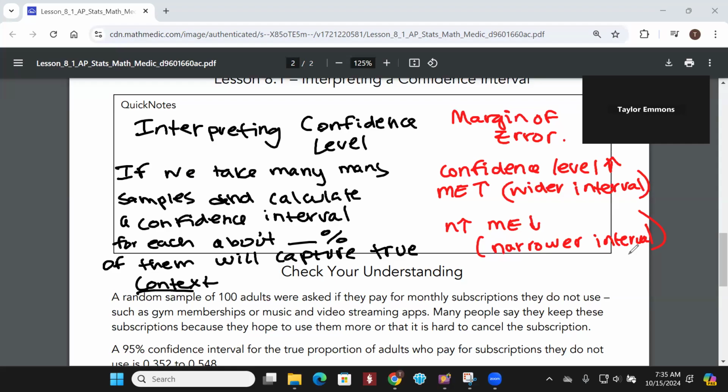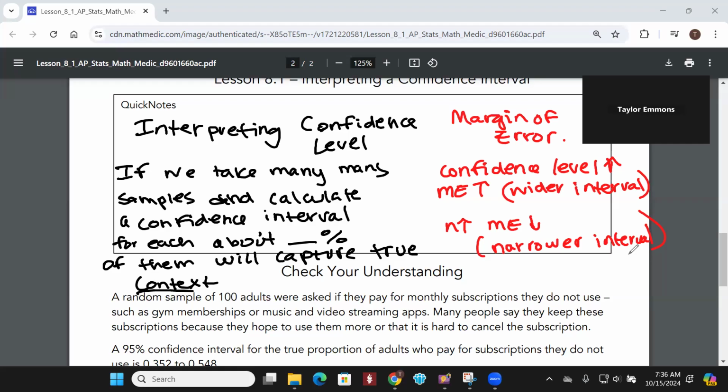N is your sample size. Your confidence level is the percentage that we talked about. How does the confidence level go up when the margin of error is good? So your confidence level goes up because you're expanding your interval.